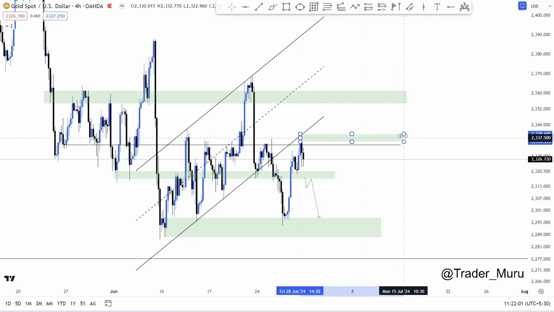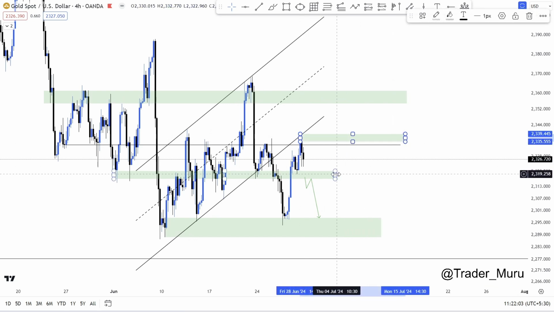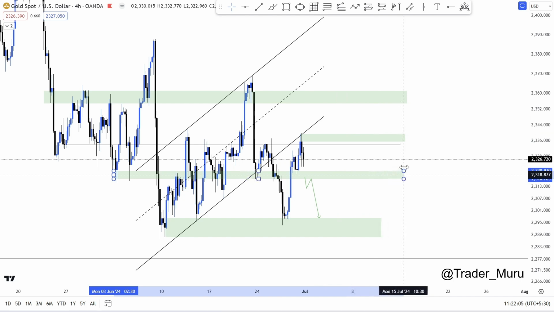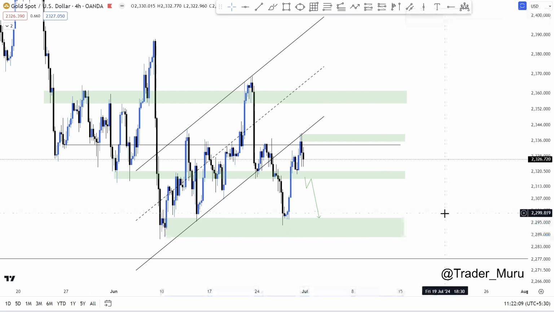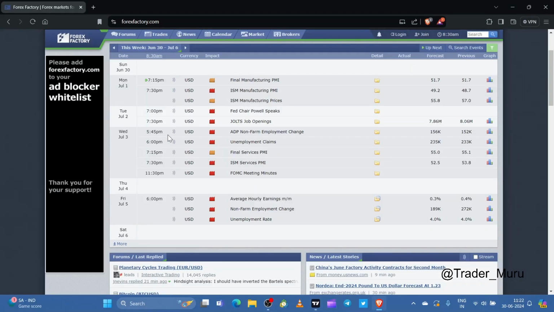So how do you plan this week? This week is also important for the news, because we have NFP and Powell's speech. So this will be a very volatile week for gold.